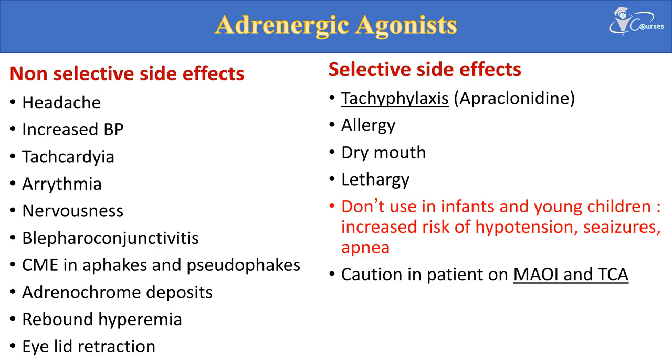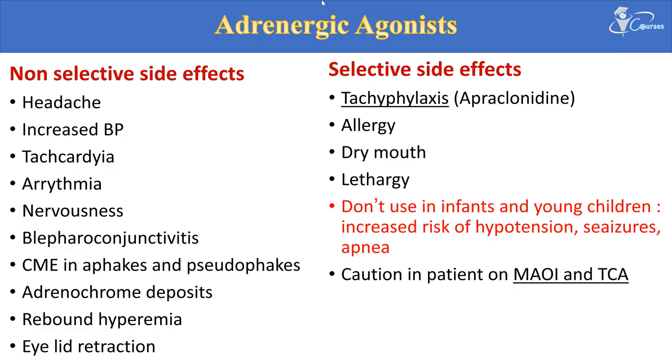The patient is developing tolerance to the usual dose of the drug, so we need to increase the dose in order to reach the same therapeutic response. This is a common side effect with apraclonidine. Again, tachyphylaxis means that the person will develop tolerance to the medication, so in order to reach the same effect, we need to increase the dose.